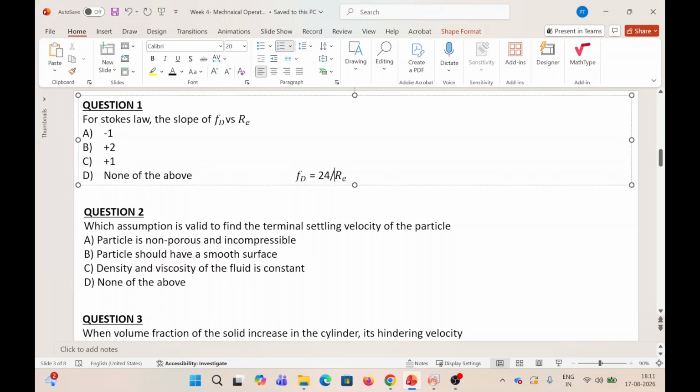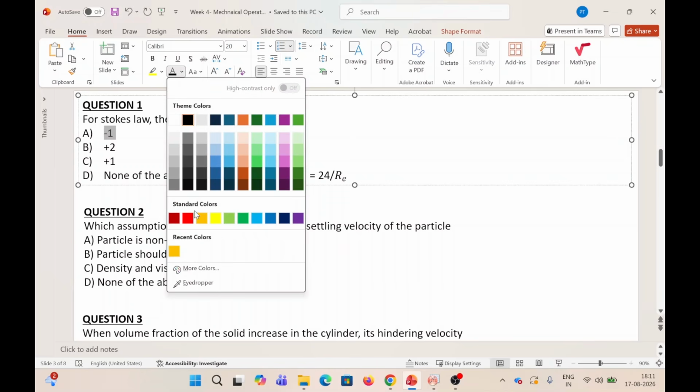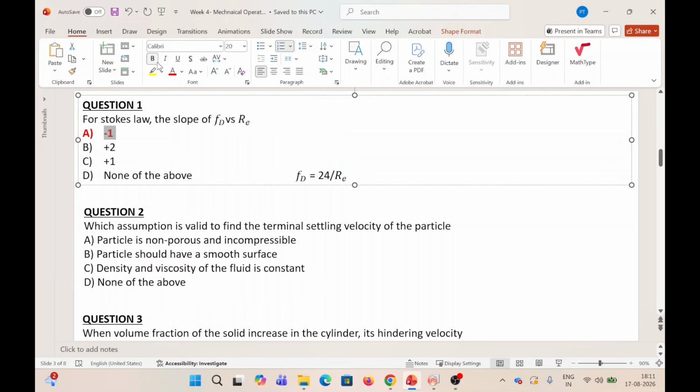It's going to be minus 1, right? Because FD equals 24 by RE, and RE is going to have an exponent of minus 1. So the slope of FD versus RE is going to be minus 1. Any questions?